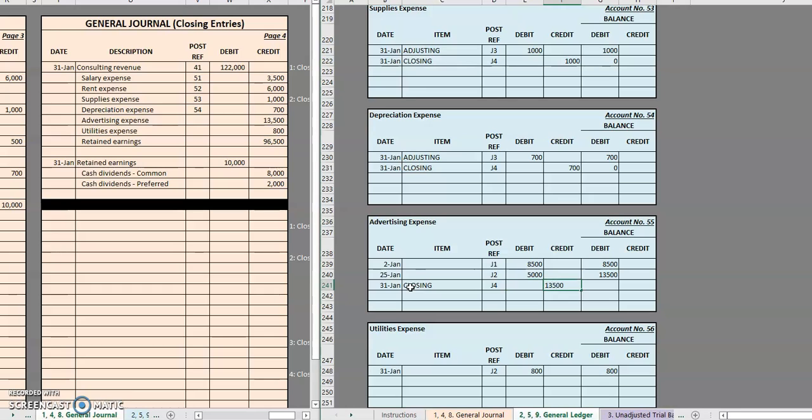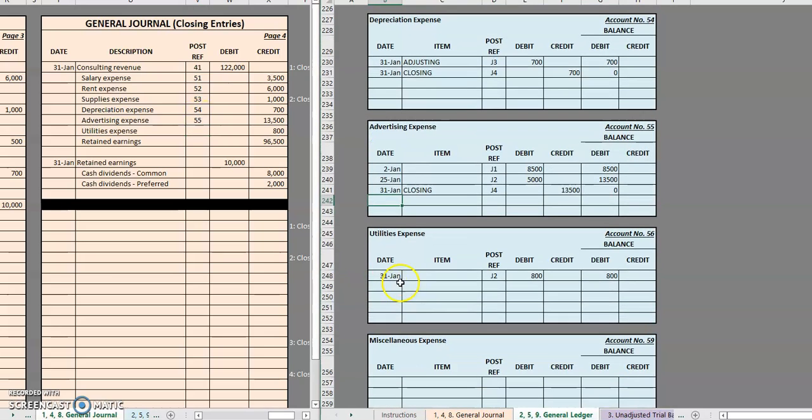We credited it for $13,500. It has a 0 balance. Utilities expense. We credited it for $800. It has a 0 balance.